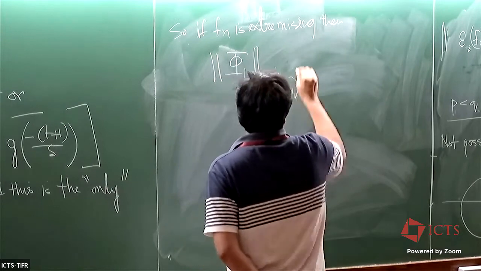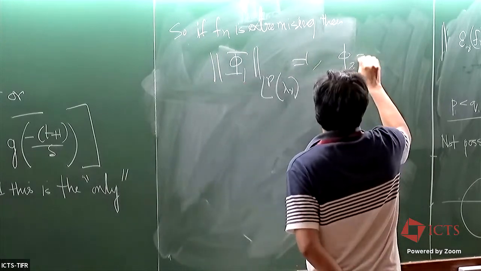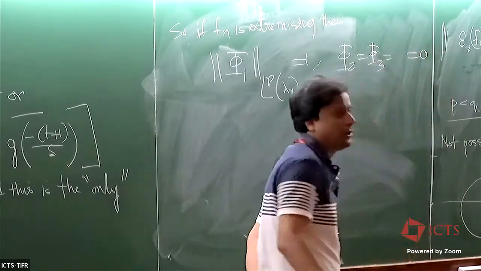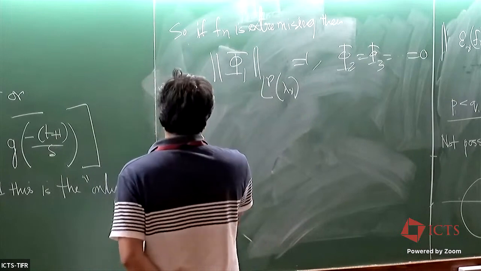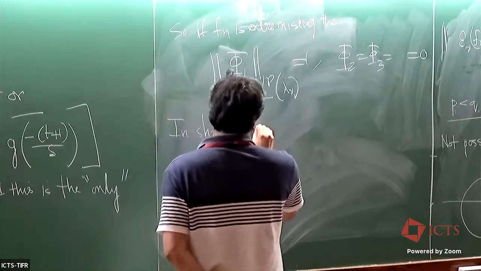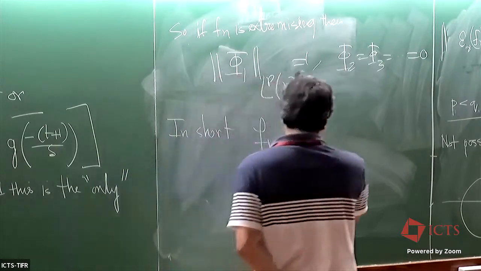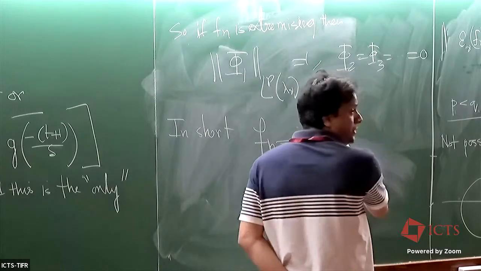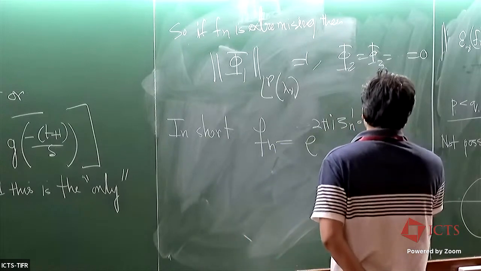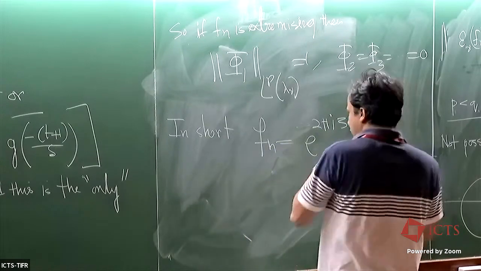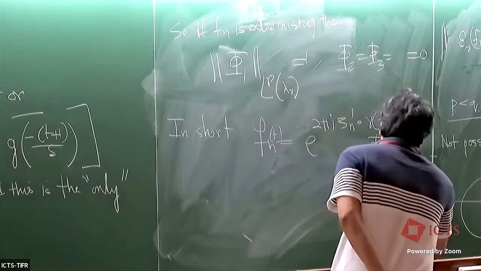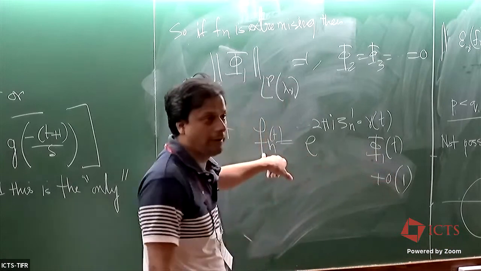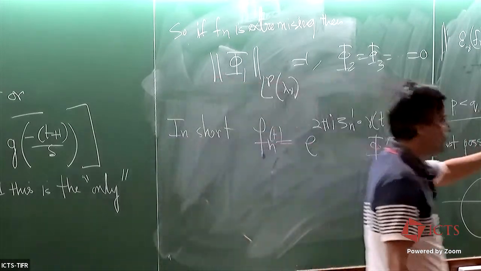The norm of P1 in L^p(lambda, gamma) is actually 1, and therefore Phi2, Phi3, everything else is 0 almost everywhere. Which means, in short, the sequence that you started with, Fn, is nothing but e^(2 pi i zeta_n1 . gamma(t)) times Phi1(t), a fixed sequence. Fn(t) is this plus a negligible error, equal to 1, and therefore this must be an extremizer because Fn was an extremizer. Okay, so that's the proof for the parabola.